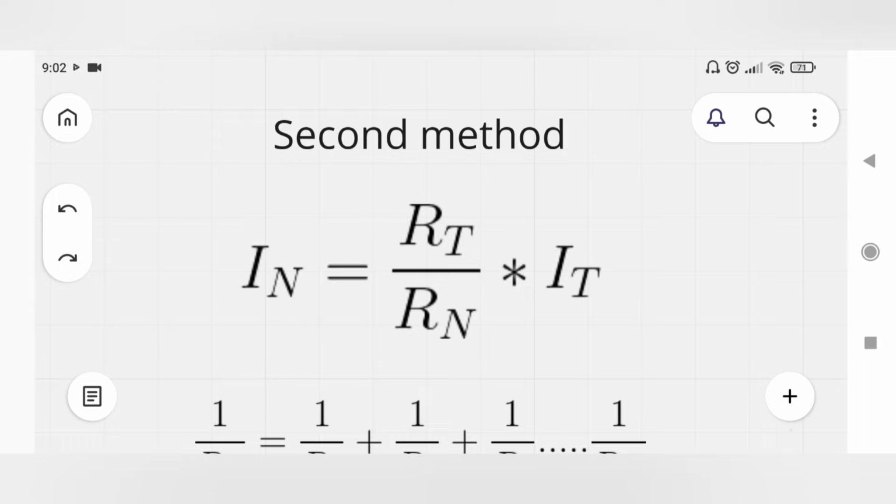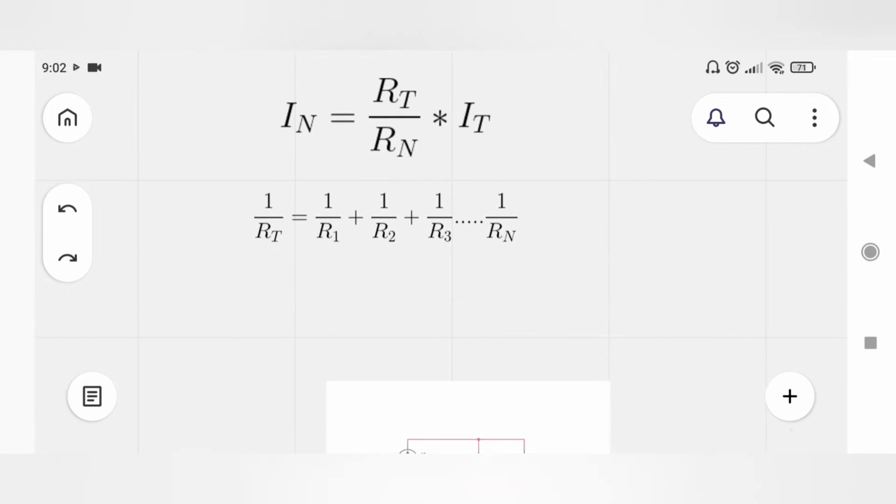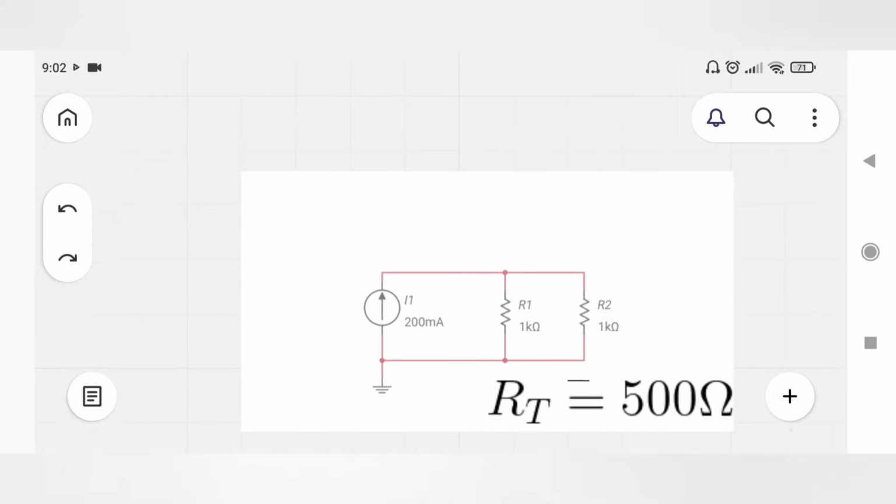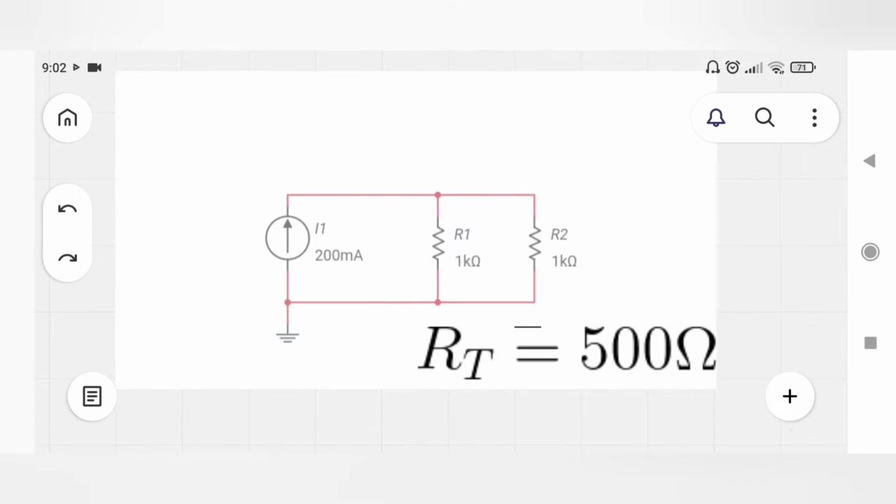So let's solve the first example. Here is the same circuit which I discussed in part 1.